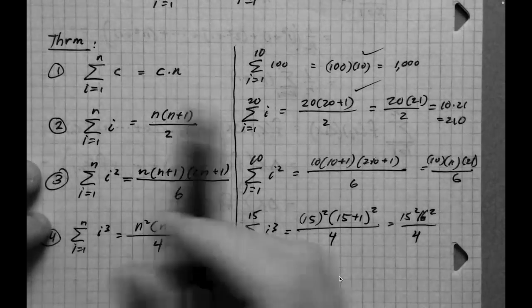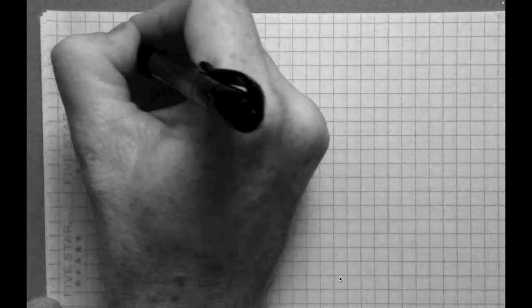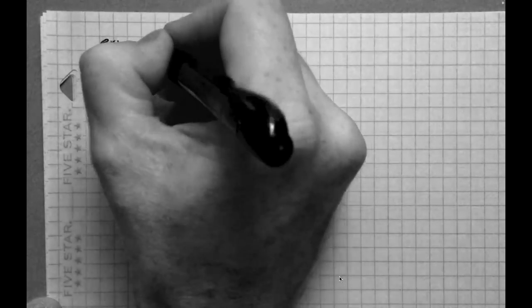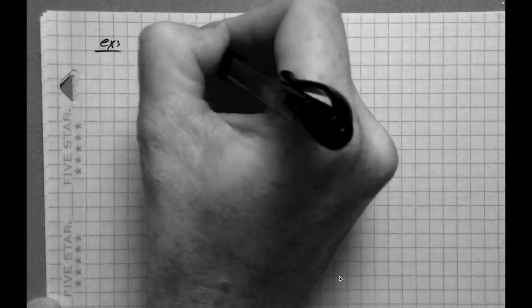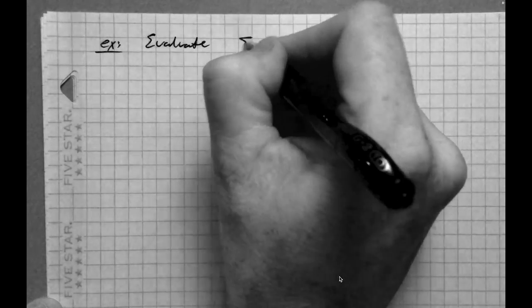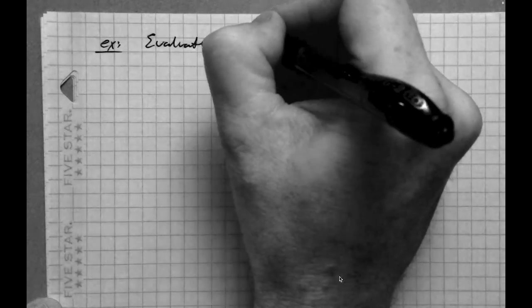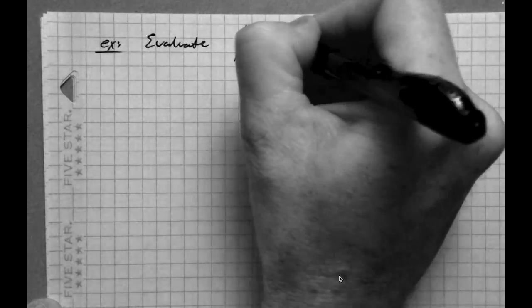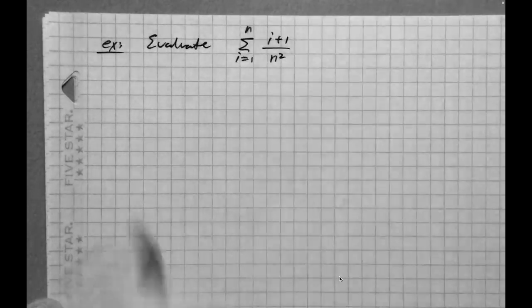So that's sigma notation. Let's do a trickier one. These really become valuable when you have more complicated expressions. So, for example, let's evaluate the sum from i equals 1 up to n of i plus 1 over n squared.